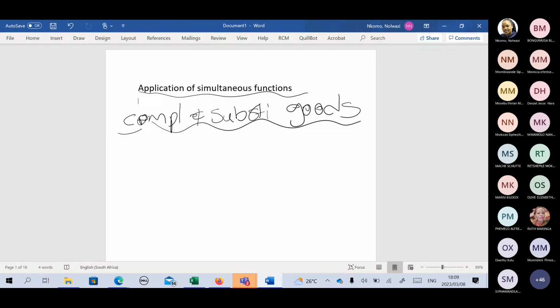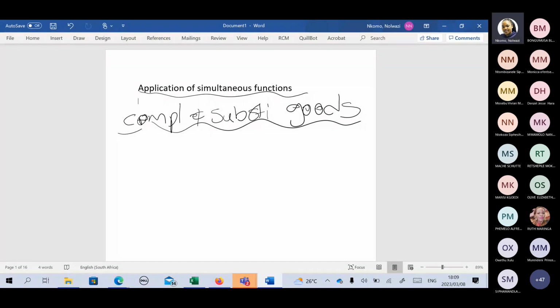Those are goods that can replace each other in use or in consumption. An example of substitute goods is tea and coffee. You can replace tea with coffee. These goods increase consumers' choices and competition between companies.